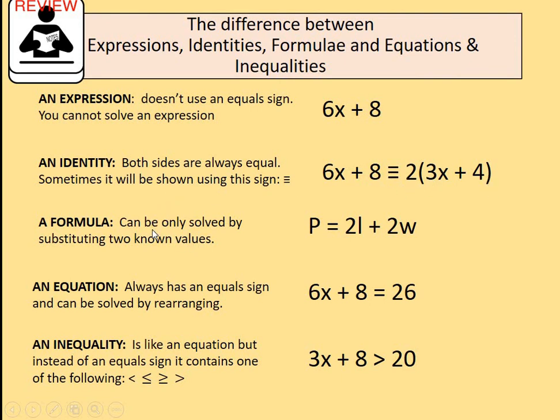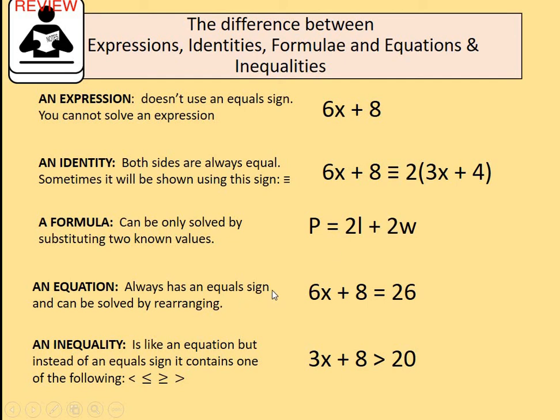A formula can only be solved by substituting in values. So this is actually the formula to find the perimeter of a rectangle. So it's 2 lots of length plus 2w, which is width. We don't need to know what the formula stands for in this particular case. We just need to recognise that when you've got lots of letters, it's probably a formula.